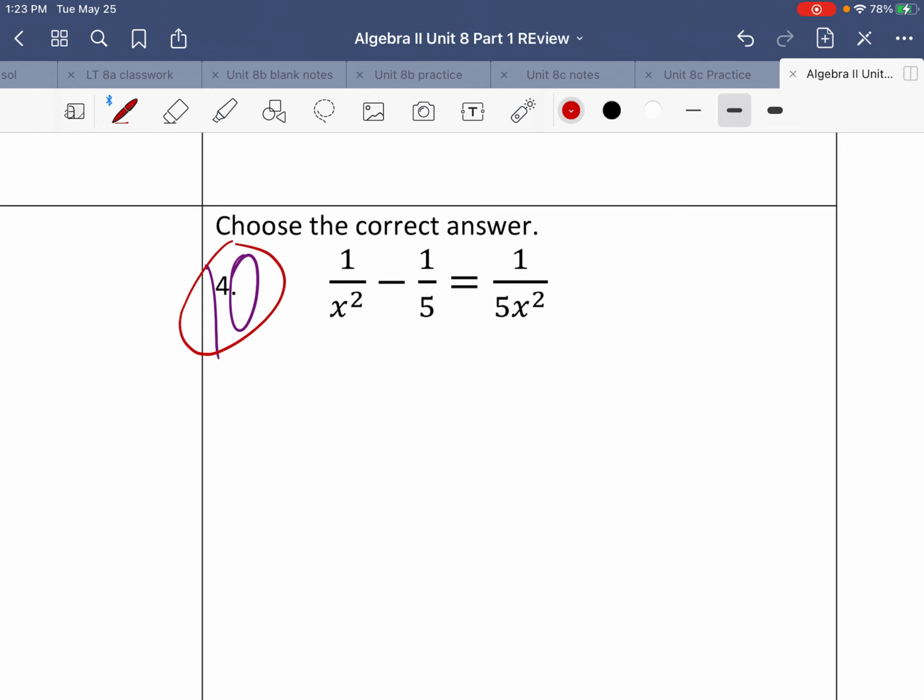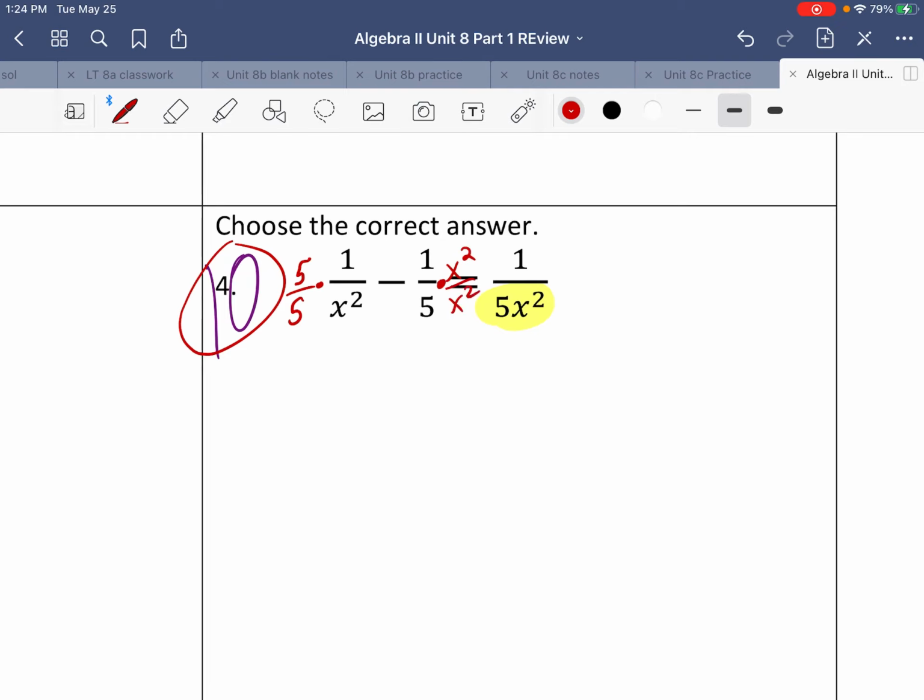And our last problem. Nothing to factor, they're all monomials. The common denominator that we can get here would be 5x squared. You've got to think about what we could multiply the first fraction by to get 5x squared: 5. What can we multiply the middle fraction by to get 5x squared?